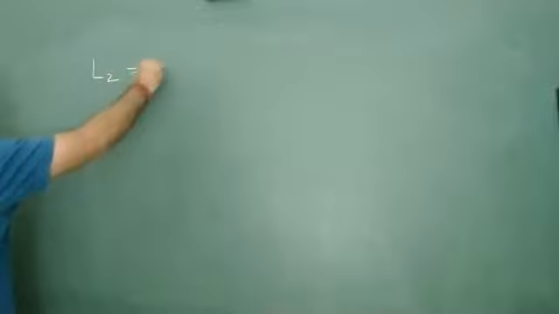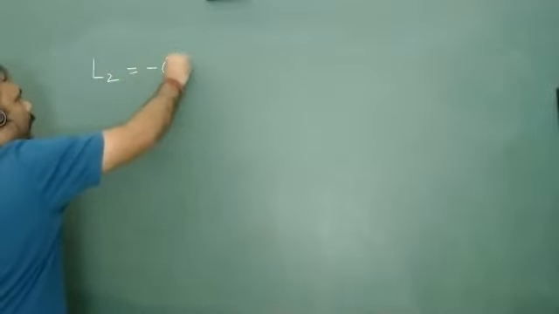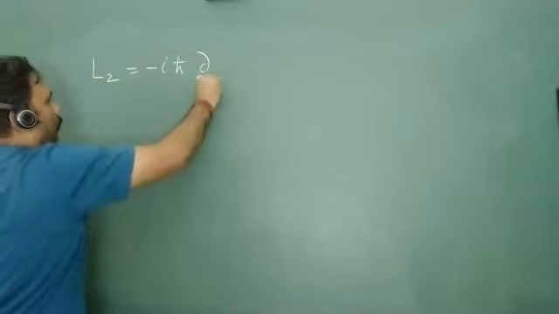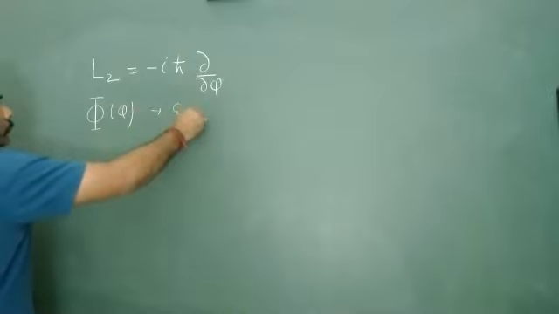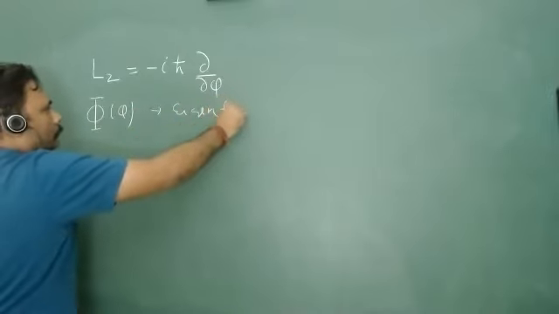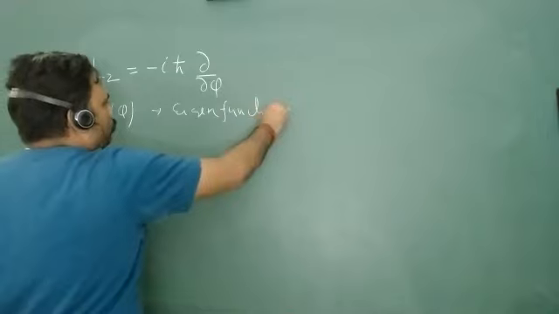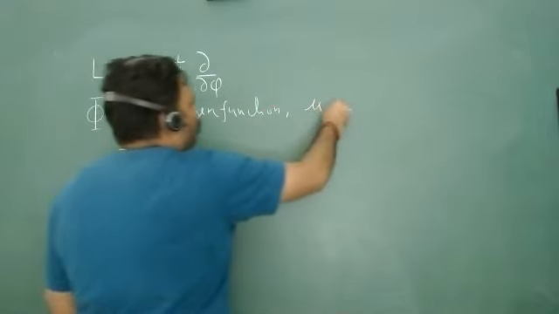Lz is minus i h cut del upon del phi. Let us assume this is capital phi, so this function of phi is the eigenfunction, and mu is the eigenvalue.